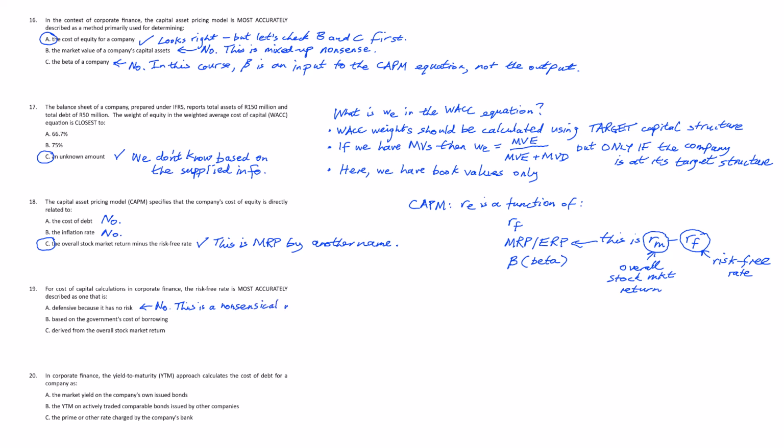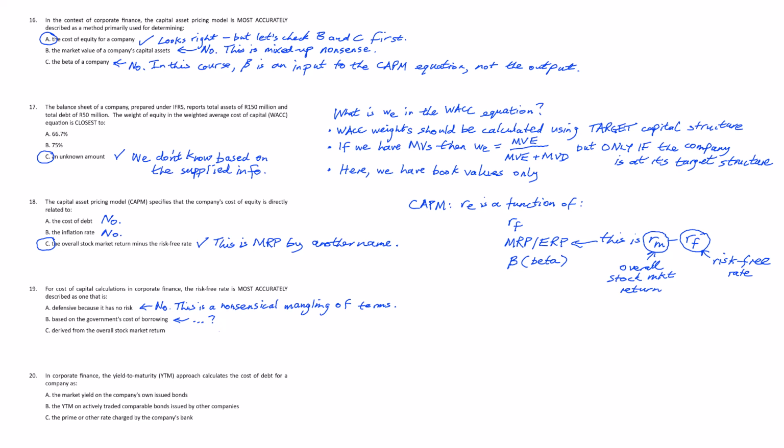It is yet again an example of a distractor put there by the examiner, which takes random terms from the reading and throws them together. That is absolute nonsense. A is of no interest to us, it is wrong. B, based on the government's cost of borrowing.